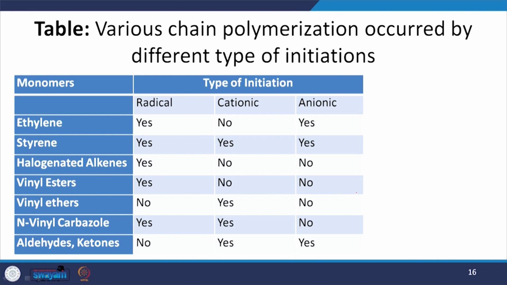Ethylene can go with radical polymerization, cationic is not at all feasible, and anionic is feasible. Similarly, styrene works for all types of protocols, whether radical, cationic or anionic.